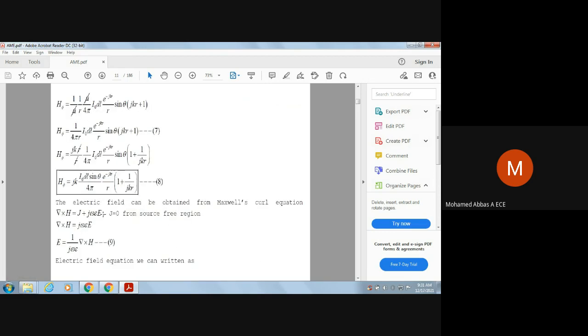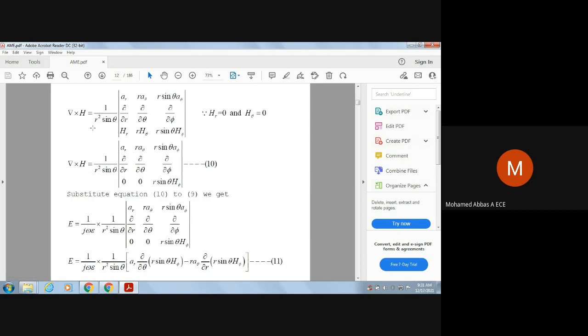Now we can find what is del cross H. Similar to the previous manner, we have to expand the matrix, and already you know that the components HR and H theta are 0, and the only component available is H pi. So we need to substitute the value of H pi. So in equation number 10, you can see that the terms HR and H theta equal to 0 are substituted, and we are further going to substitute the value of H pi.